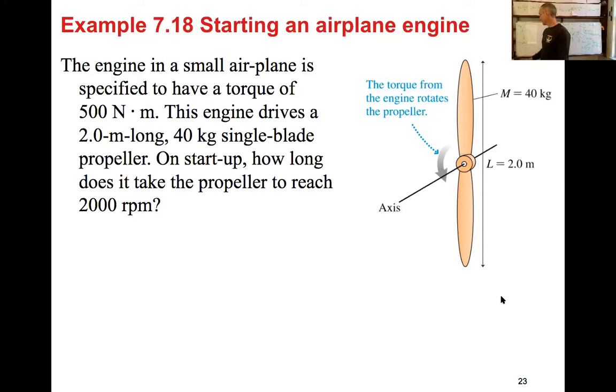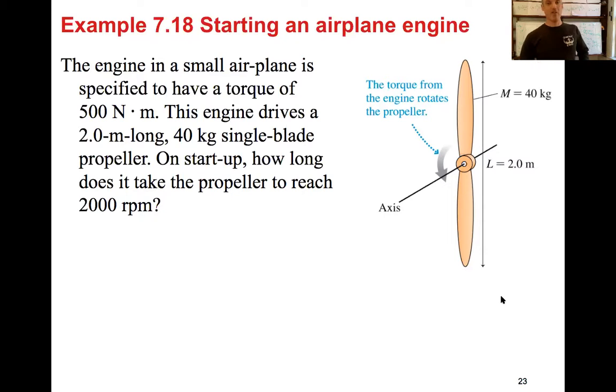So 500 Newton meters, and the engine is getting up to 2,000 RPM. So our angular acceleration, we're going from angular speed of 0 to angular final speed of 2,000 RPM.